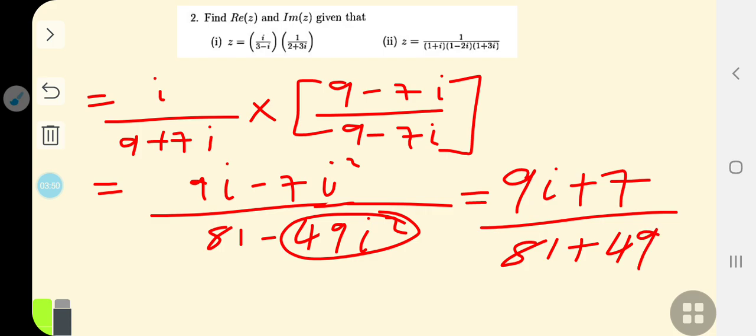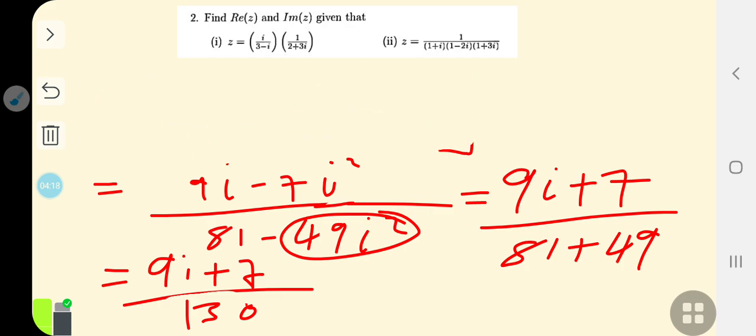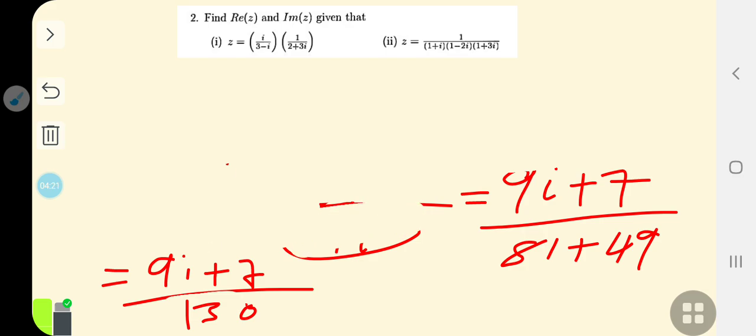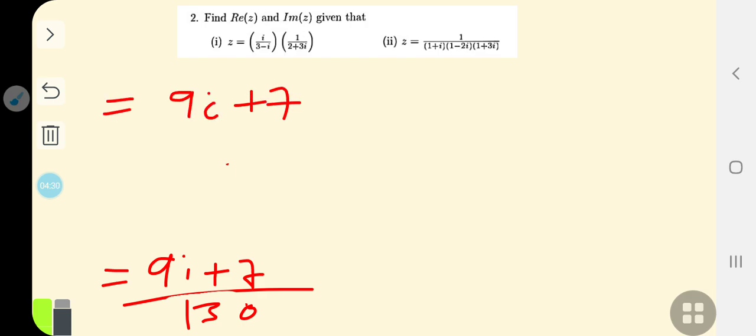So from here I'm just going to have 9i plus 7, divided by what is 81 plus 49, that will give me 130. So I'm having 9i plus 7 divided by 130.